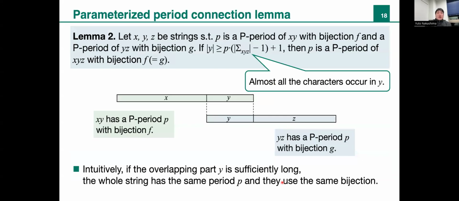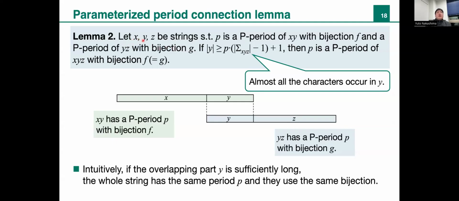Okay, I will go back to the main proof. This is the second lemma for the parameterized period. This is the statement of the second lemma that explains the condition for period connection.